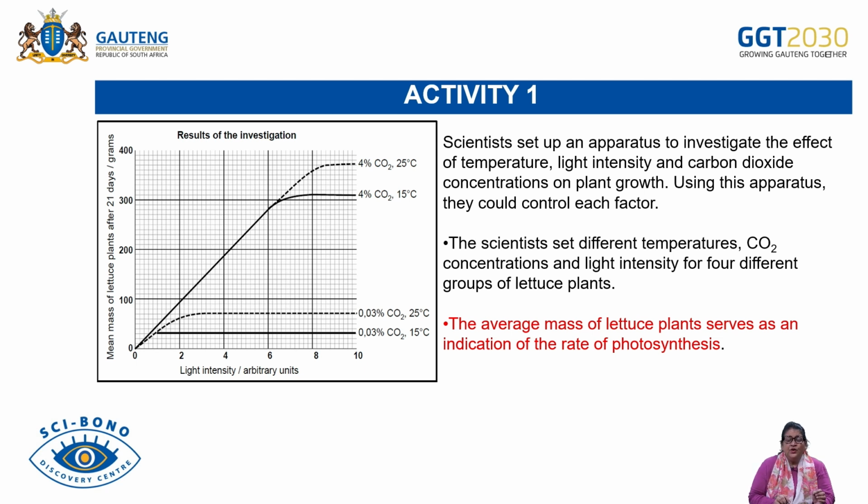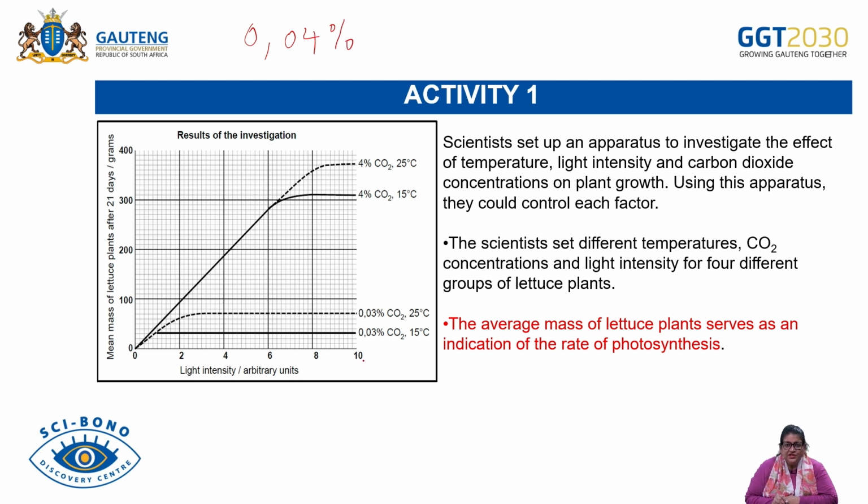And here they're showing you at different light intensities how much of CO2 we are giving at different levels and at what temperature. So let us look at this lowest line. This is 0.03% CO2. That's not the optimum. What did we say the optimum CO2 level was? 0.04%.